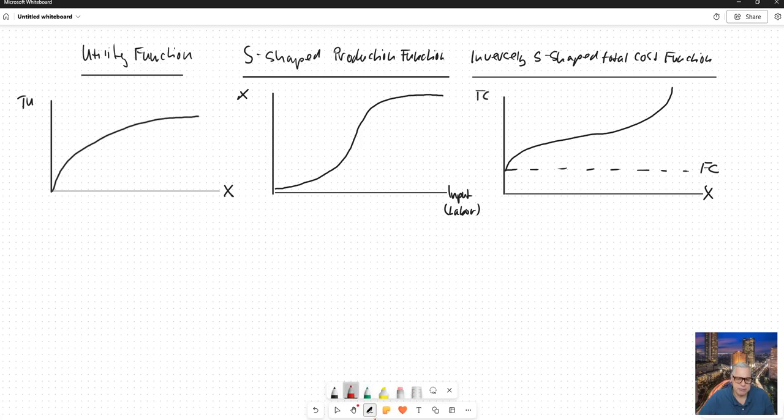If we examine each point, we see that initially the slope is very flat, but then the slope becomes steeper and steeper, and maybe somewhere there's a point of inflection, and then the slope at each point becomes flatter and flatter again. So that means down here, the output of X grows faster than the input. How do we explain that?